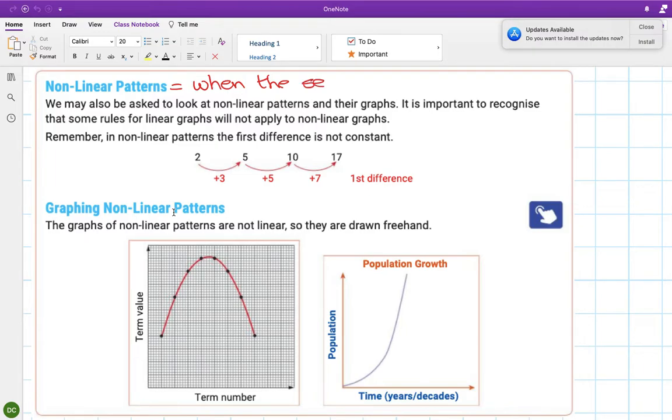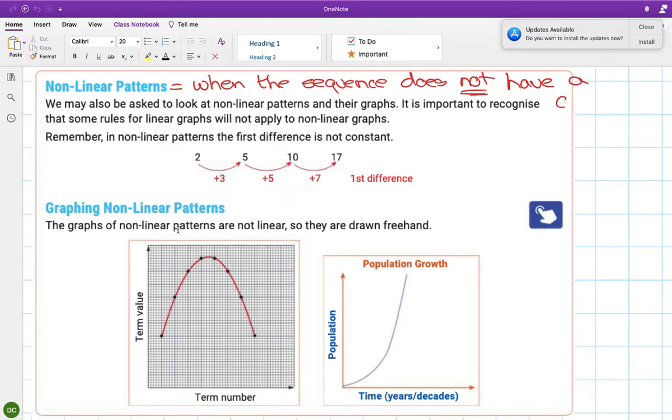Sorry, that's taking a minute to catch up there now. Okay, so a linear pattern is one that does have a common difference.